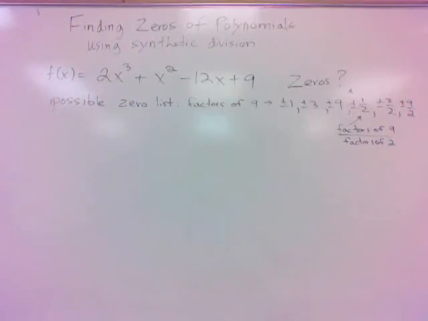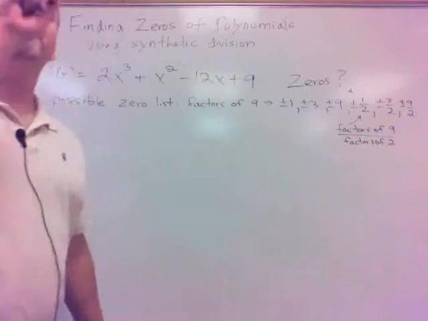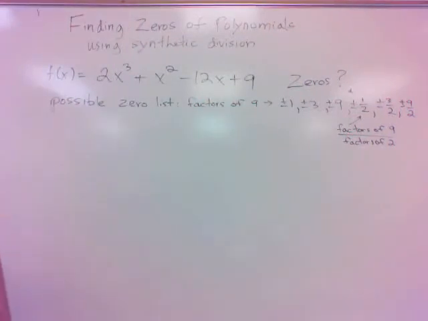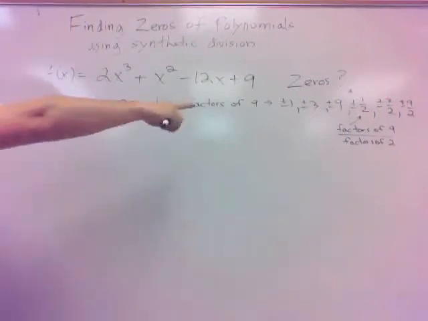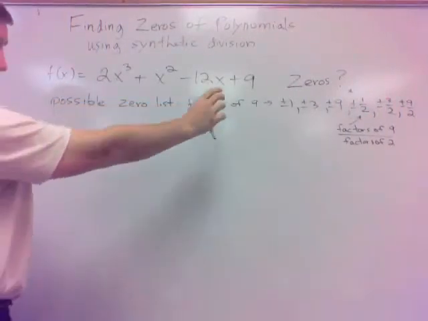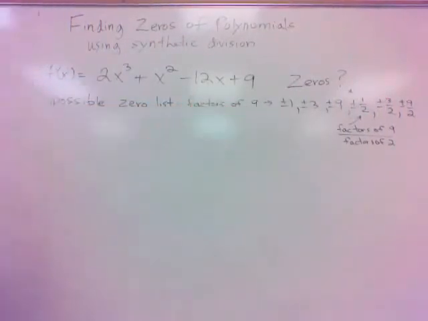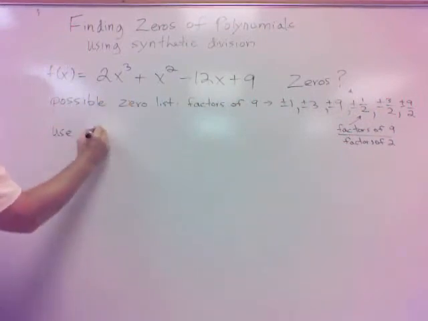Okay. Now what do we do with that? Well, we're looking for zeros. And by zeros, so this is where synthetic comes in. Now I'm going to take some of these. We're going to have to do all of them, but start with those. Some of these. And we're going to use synthetic division to find my zeros.